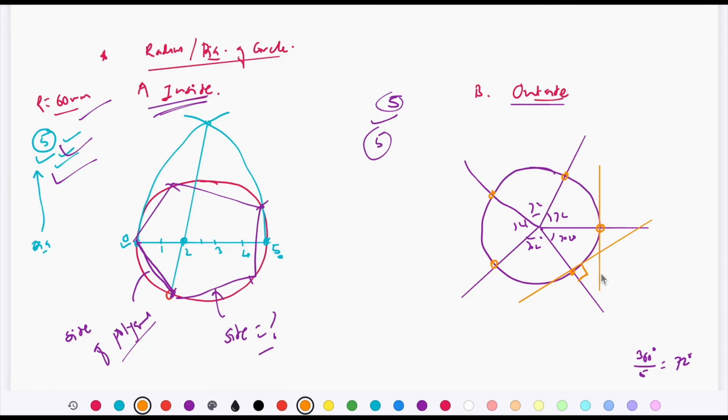So this would be another tangent, this would be another tangent, this would be another tangent, and this would be another tangent. Now when you draw those tangents and connect the intersection points of those tangents, you will get the required polygon.